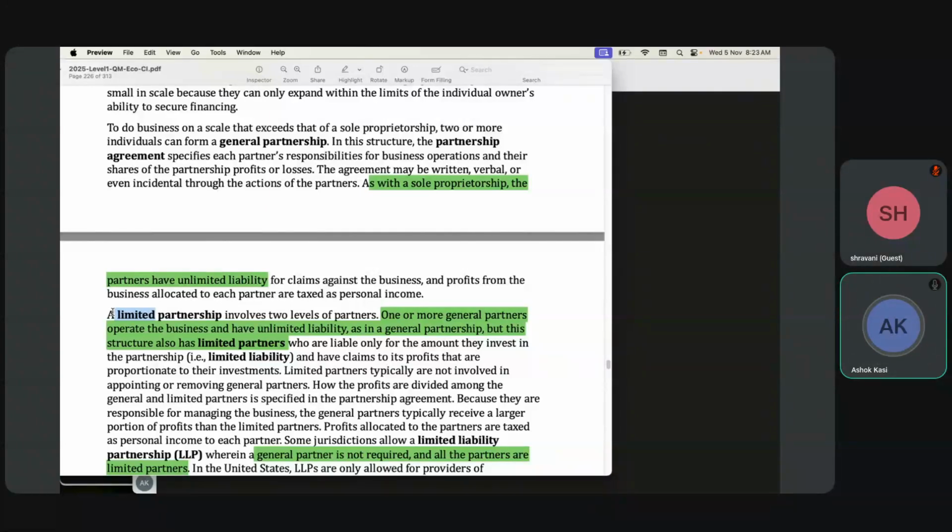Legally these are two different persons. So if the company is borrowing and is not able to pay off, they cannot touch your personal property. Imagine Reliance going bankrupt. Nobody can touch Mukesh Ambani's personal assets for this, because who borrowed? Reliance borrowed, not Mukesh Ambani.